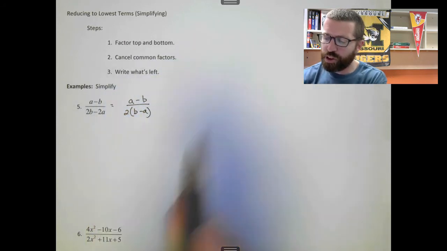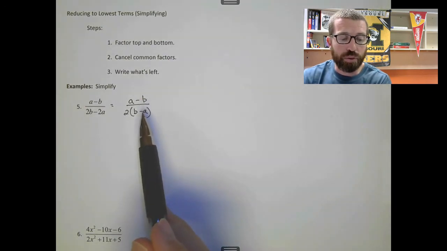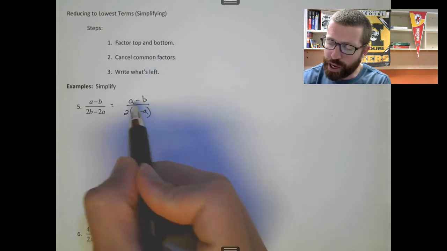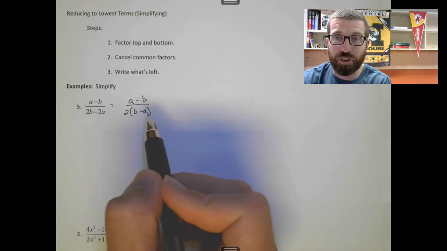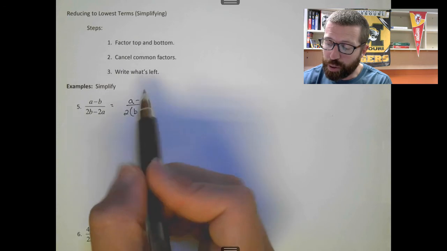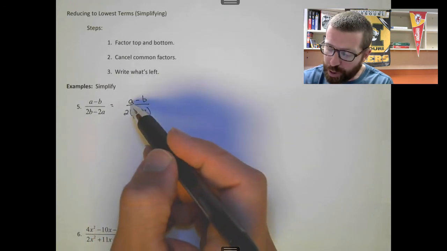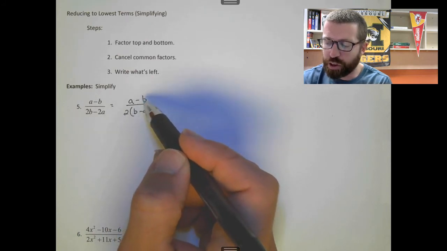And then this is a really good example of a common mistake. If you look at the top, we have a minus b and then b minus a, a common point of confusion. Those are almost the same, but they're not quite. Take a minute and look at that, make sure you can see that, because a is positive up here but negative down here, and b is positive up here but negative down here.